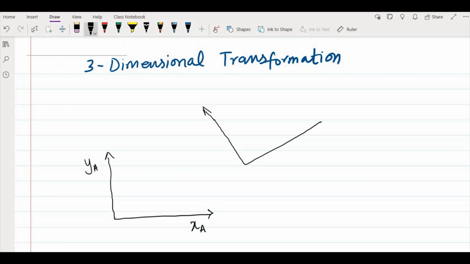So here we have frame B. So this is XB and we have YB. Okay, so you see that this is frame B, and then we have a vector in this frame.